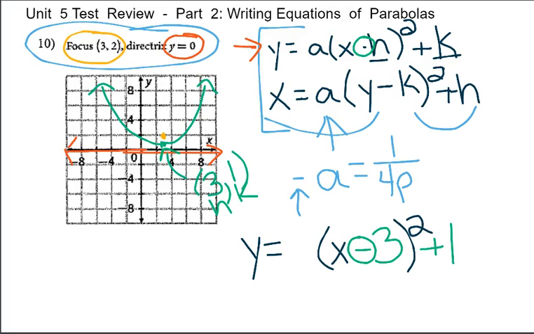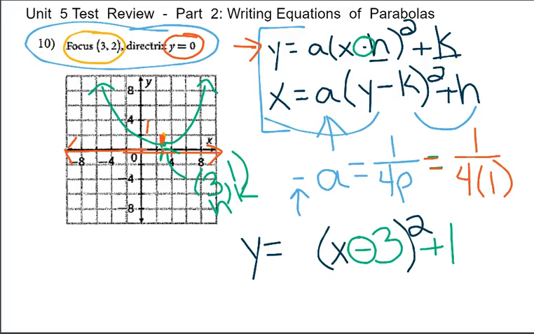The last piece of information I need is the a, and so I'm going to use my formula. Let's see, 1 over 4p. p is the distance between the focus and the vertex. So between here and here is only 1. You could also look at it between the directrix and the vertex, because it should be the same distance either way.